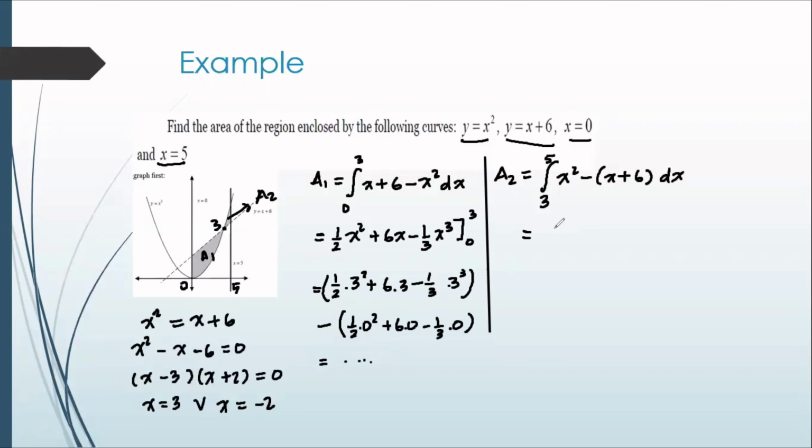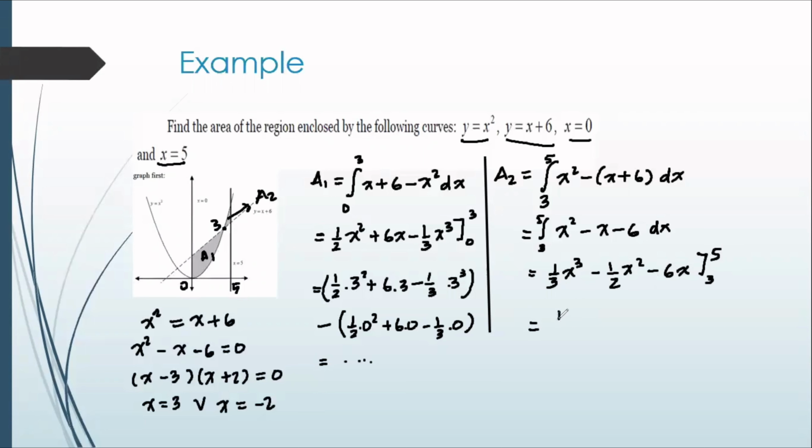And then for this one, it will be integral 3 until 5. You need to open this bracket first. X squared minus x minus 6 dx. So that you will have 1 per 3 x cubed minus 1 per 2 x squared minus 6x from 3 until 5.